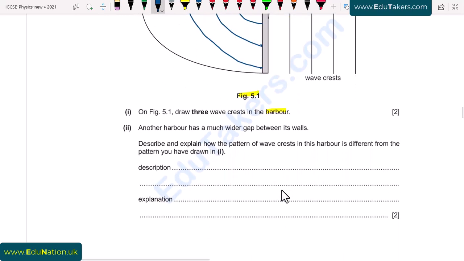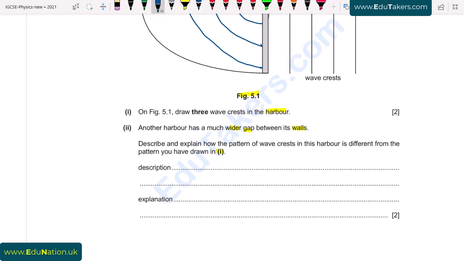Part 2. Another harbor has a much wider gap between its walls. Describe and explain how the pattern of wave crests in this harbor is different from the pattern you have drawn in part 1. So when the gap is larger than the wavelength, what will happen?